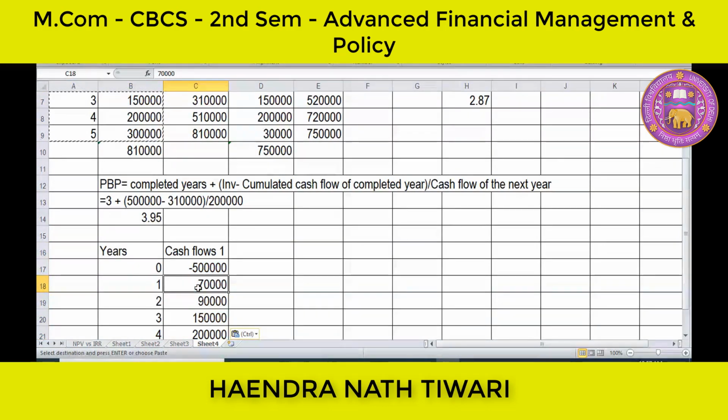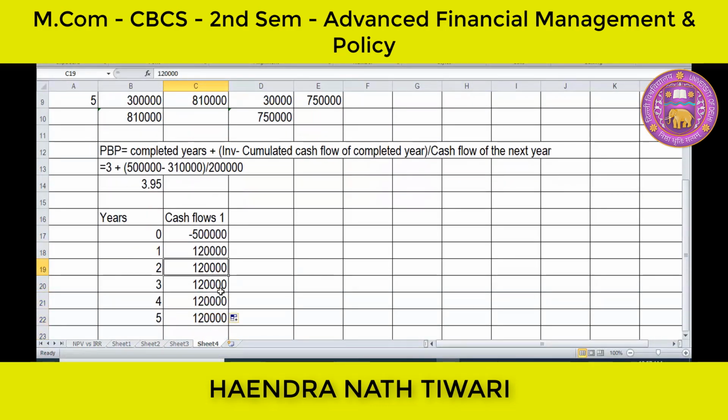Let's say 1,50,000 every year. 7.5 lakh total, right? So every year you are having 1.5 lakh rupees. Equal cash flows. What will be the payback period? Very simple to determine.